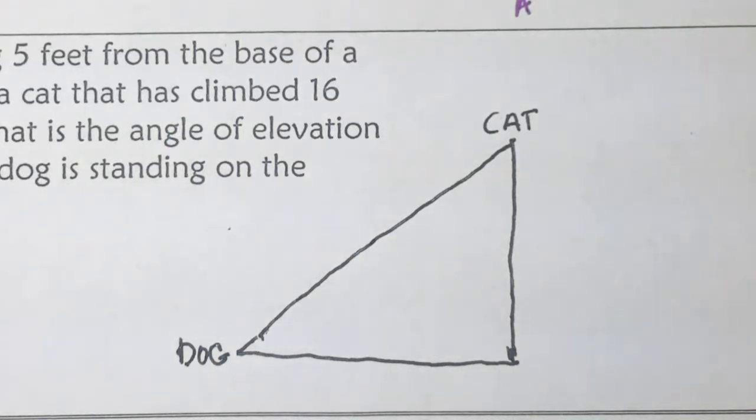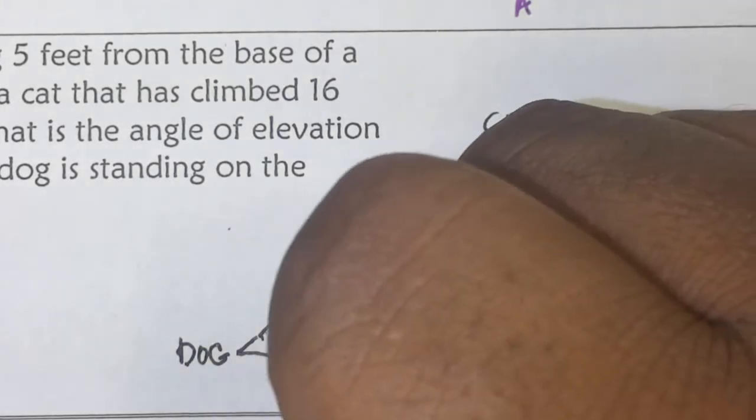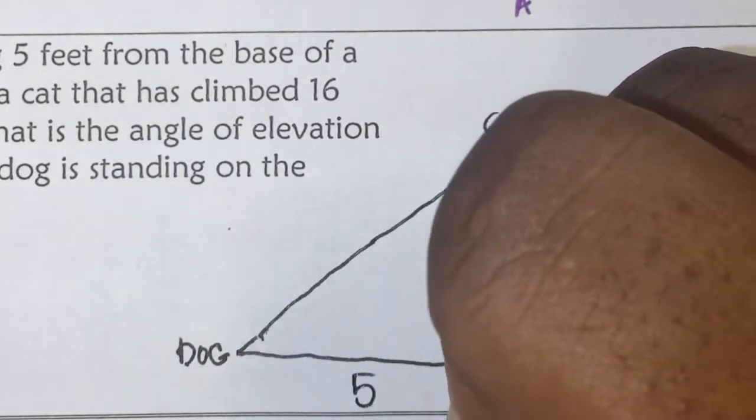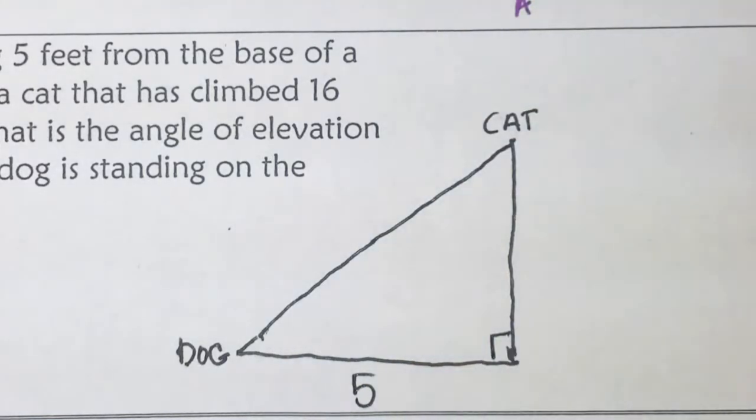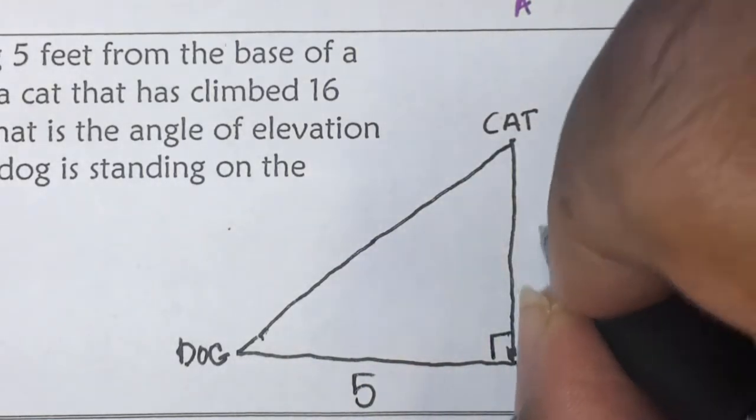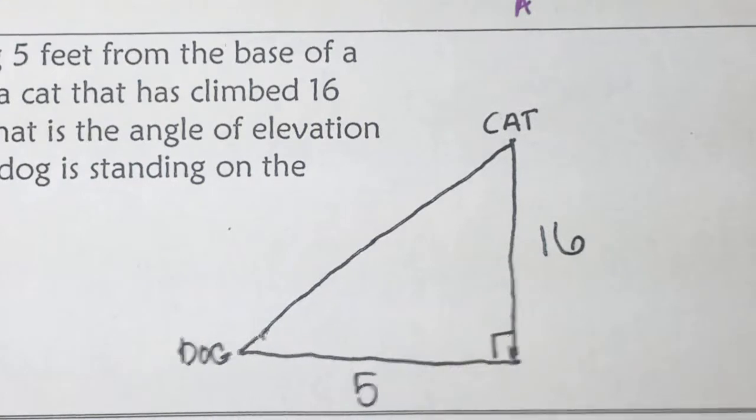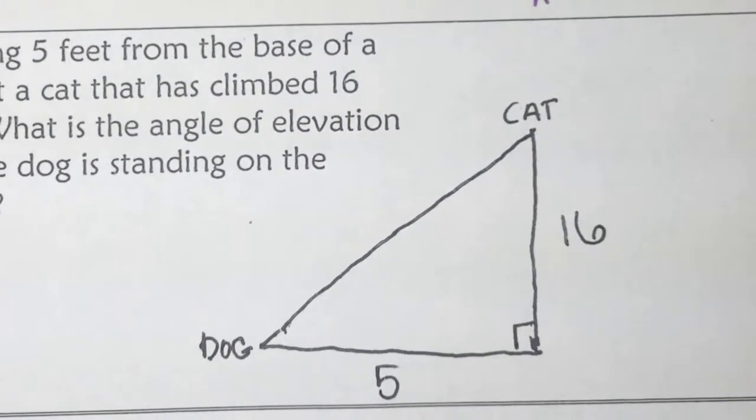Because he said, is he sitting directly under the tree? Shouldn't 5 go, 5 is the bottom. 16 is on the side. So X is gonna be ridiculous.